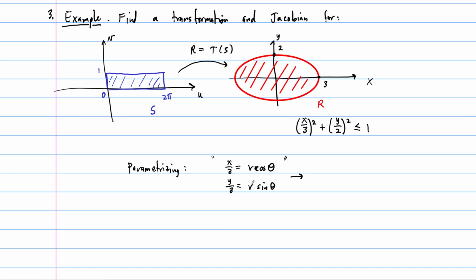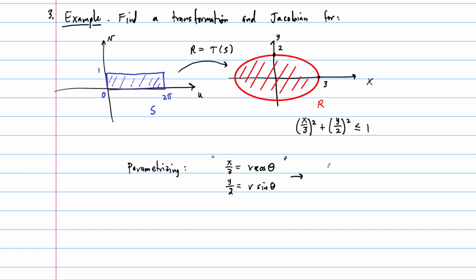We need to multiply by 3. This one's going to be 2. Y over 2 should be r sine of theta. This one's cosine, this one's sine. So we want to switch this so that the role of the r is played by the V axis, and the role of the theta is played by the U axis.